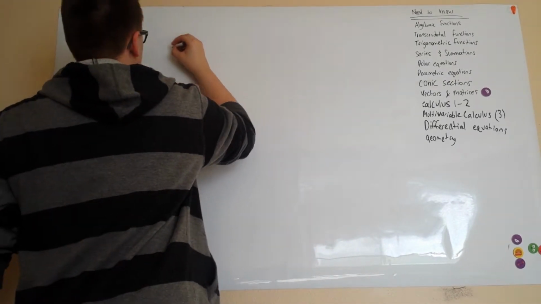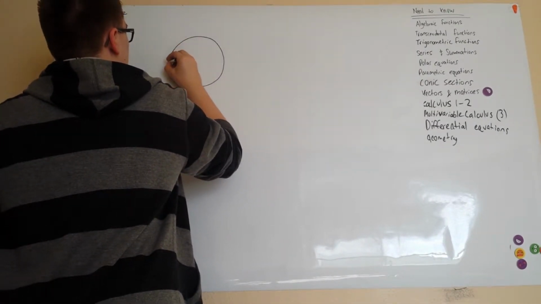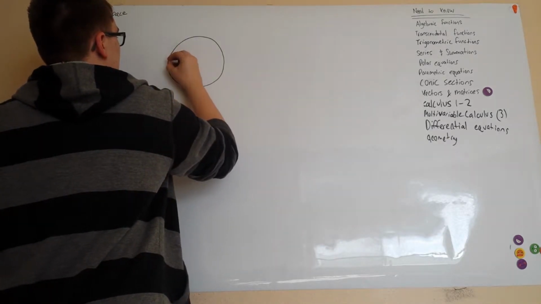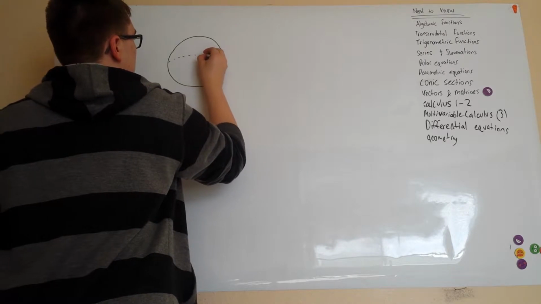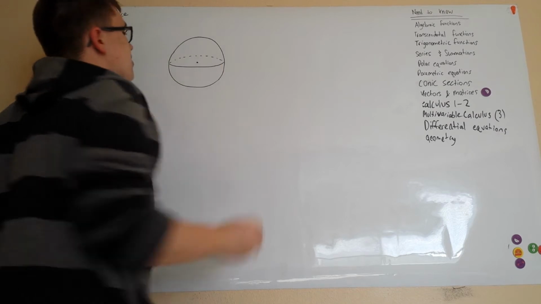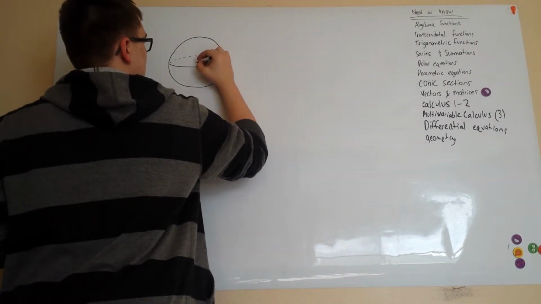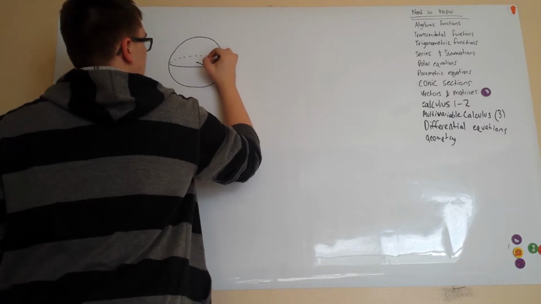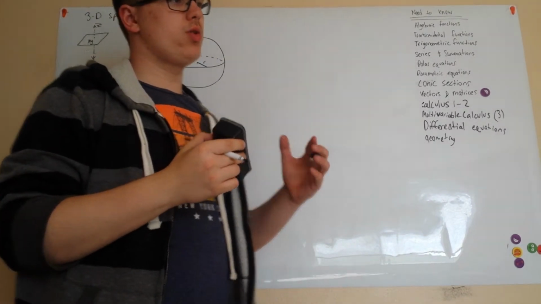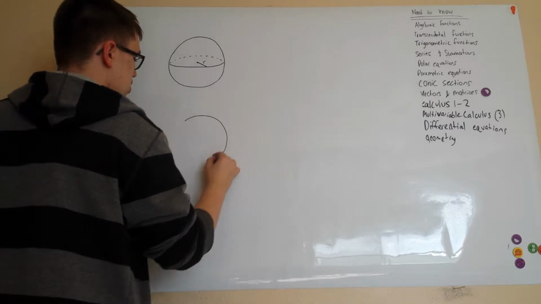If I had a sphere with a center point, whatever you want the center point to be, and radius r. Remember how we used to solve for circles. I'll do the circle one first.